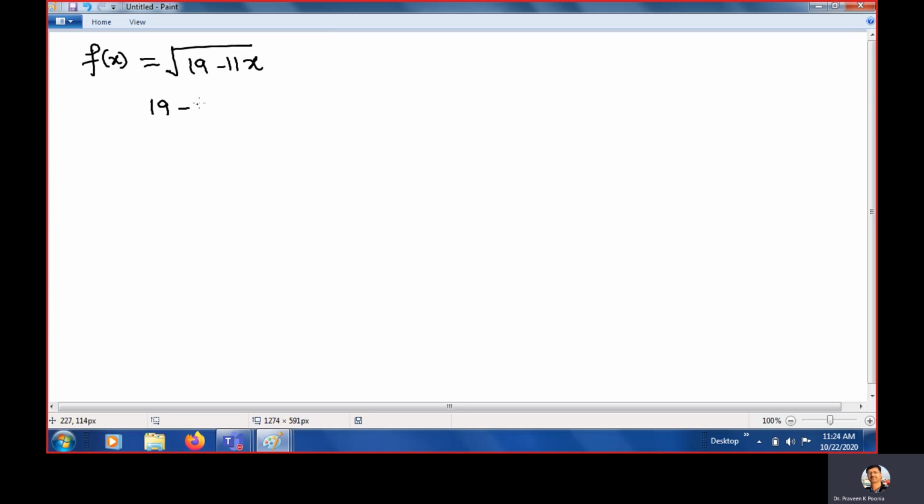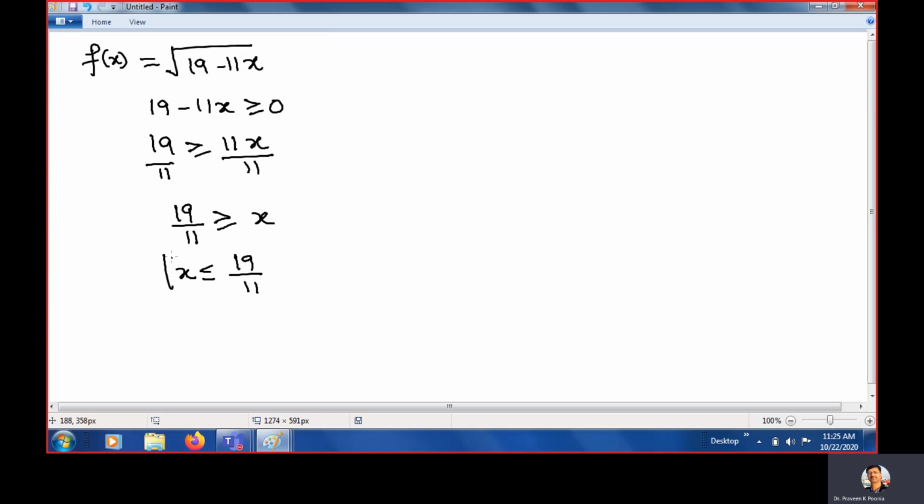We need to put this greater than or equal to 0. And 19 greater than or equal to 11x. And if we divide by 11 on both sides, what will we get? 11 cancelled by 11. So 19 upon 11 is greater than or equal to x. Or this may be written as x less than or equal to 19 upon 11. This is the domain of this function.